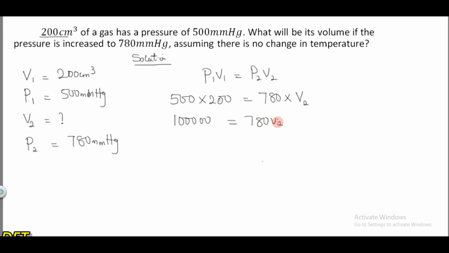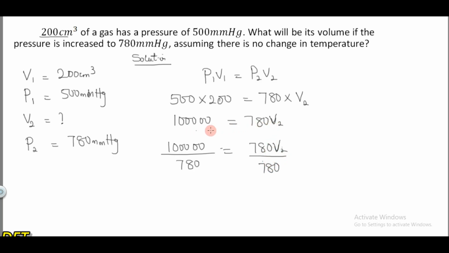So to make V2 the subject of the formula, I will have to divide both sides of the equation by the coefficient of this V2, which is 780. So this will be 100,000 divided by 780 is equal to 780 V2 divided by 780.